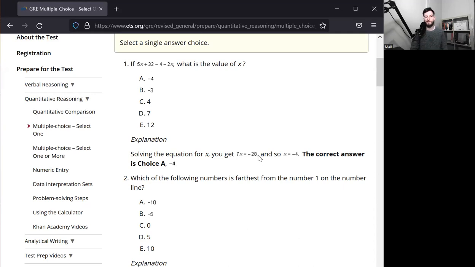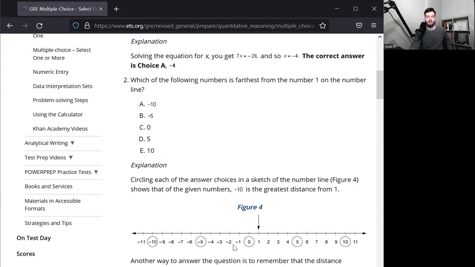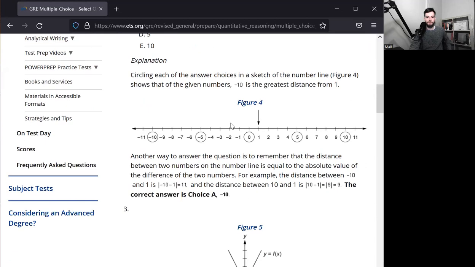What number would be farthest from the 1 then? If you guessed 10, then you're right. Or negative 10, I meant to say. If you guessed negative 10, then you're right. The 10 is only 9 away from the 1, but the negative 10 is 11 away from the 1. So that's not a difficult one.